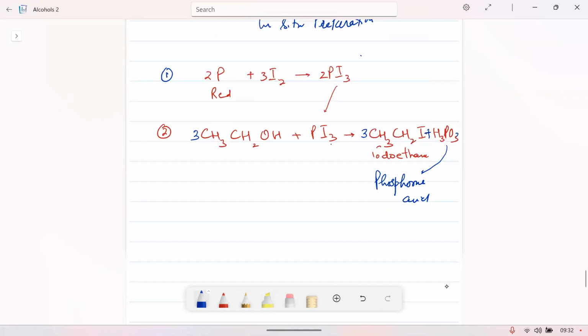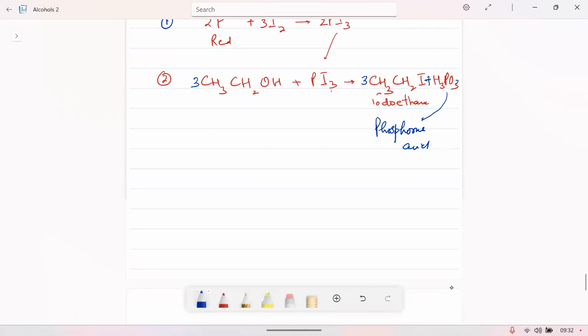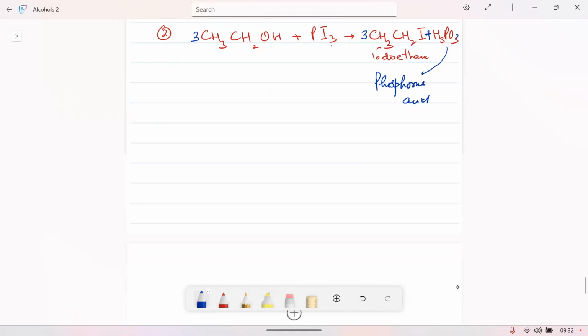So now, if I summarize what we are trying to do, I want to make a chloroalkane. Now chloroalkane can be made by using PCl5. This is good for primary or secondary alcohol.